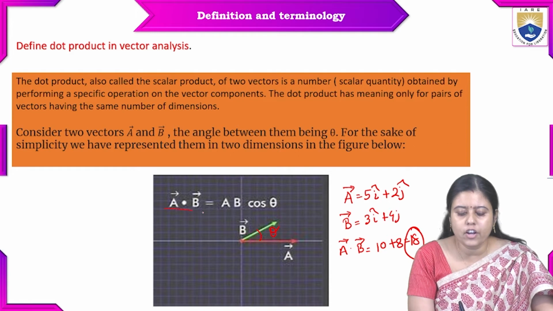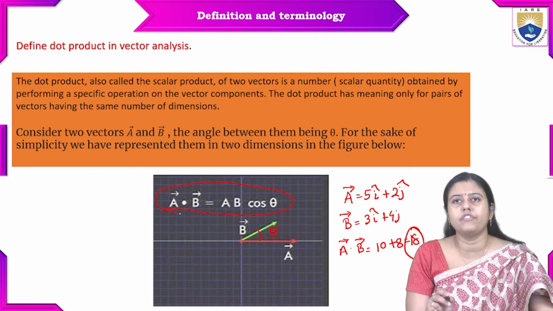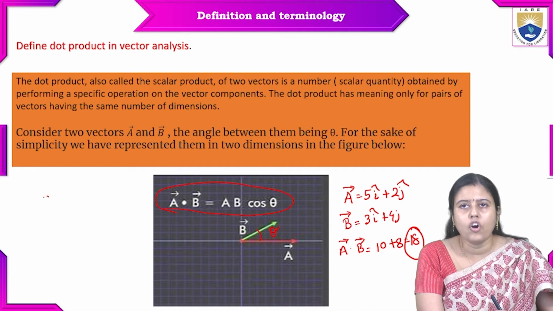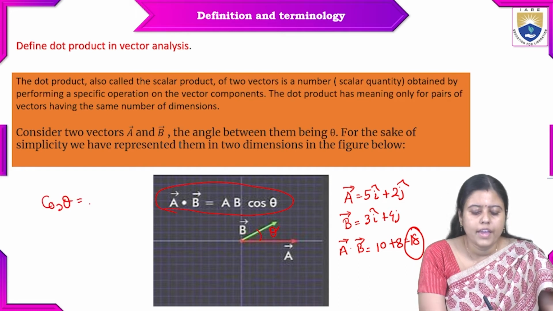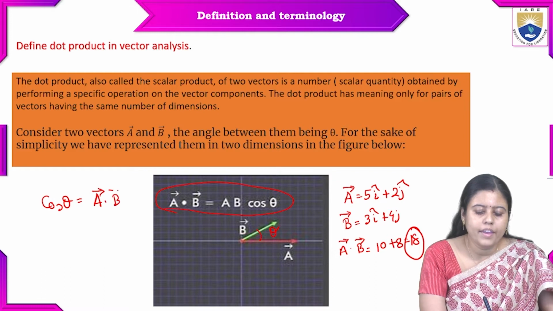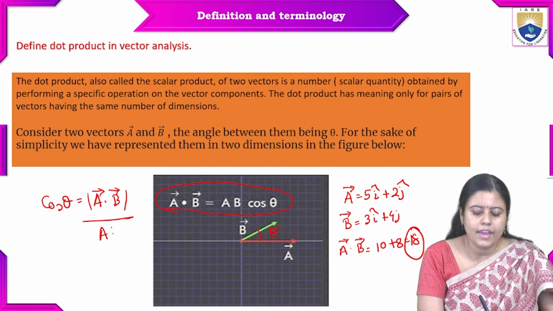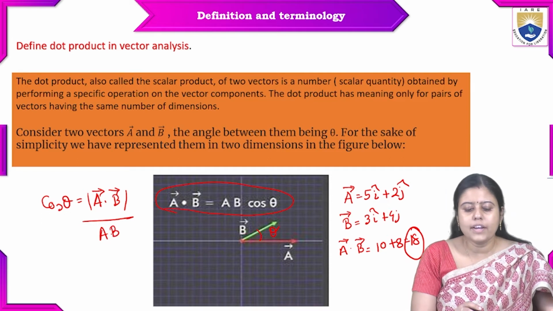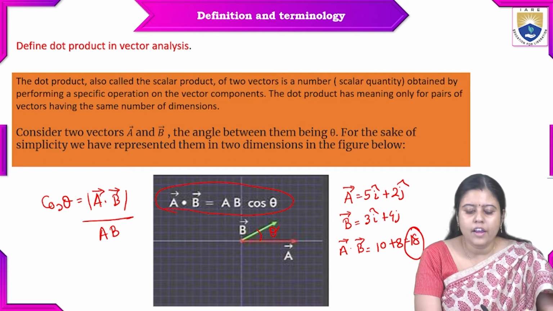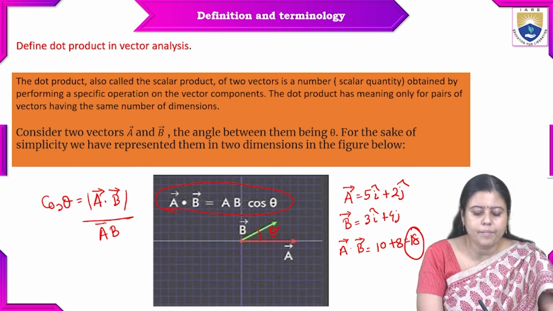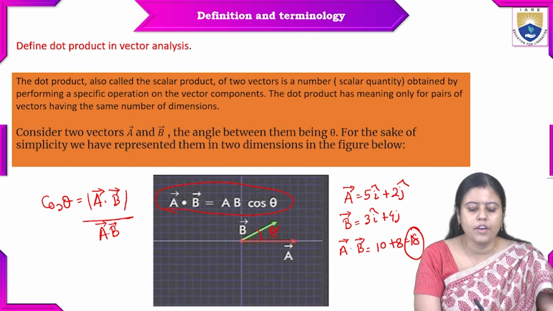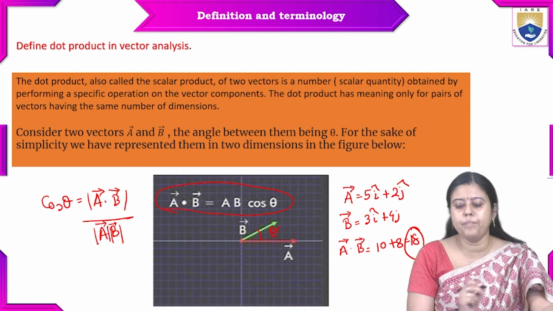From the equation only we can get the value of cos theta. Cos theta is equal to A dot B by AB. What does it mean? A dot B divided by magnitude of A into magnitude of B.